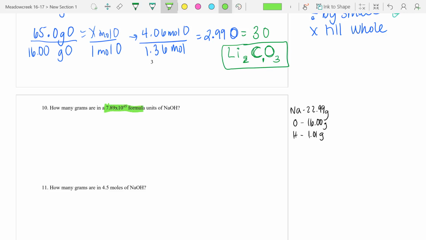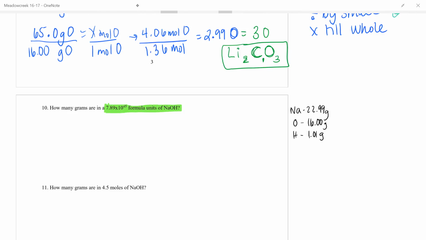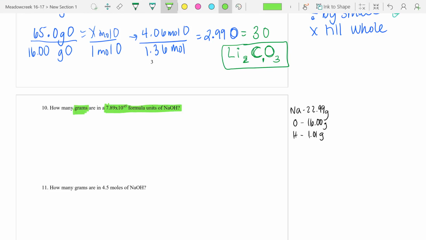They give us 7.89 times 10 to the 45 formula units, which I'm going to abbreviate as FU, of NaOH, and they want to know how many grams there are. So I set it equal to X grams of NaOH.